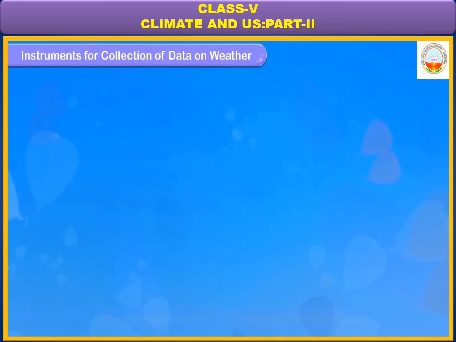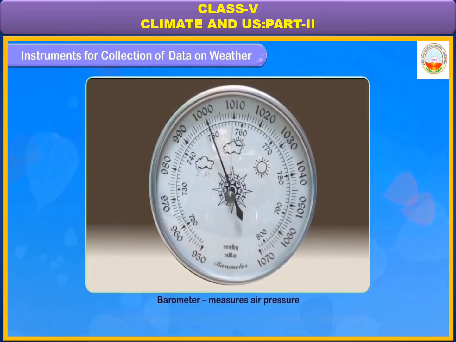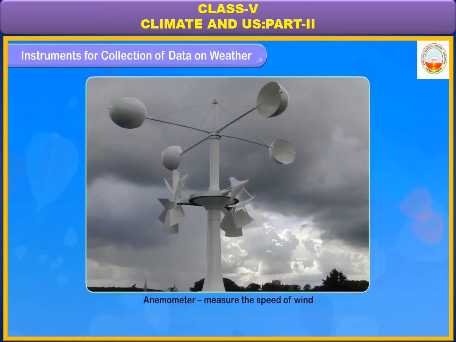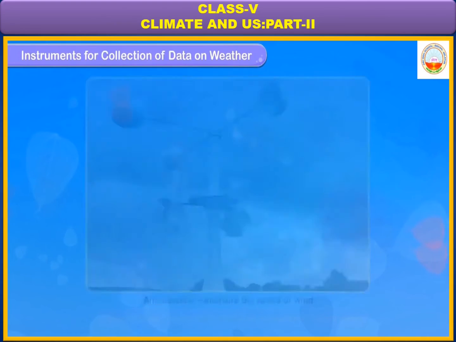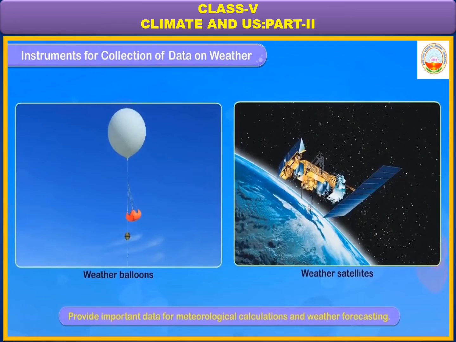Instruments for collection of data on weather: a thermometer is used to measure temperature and a barometer measures air pressure. Next, an anemometer is used to measure the speed of wind. Weather balloons and weather satellites provide important data for meteorological calculations and weather forecasting.